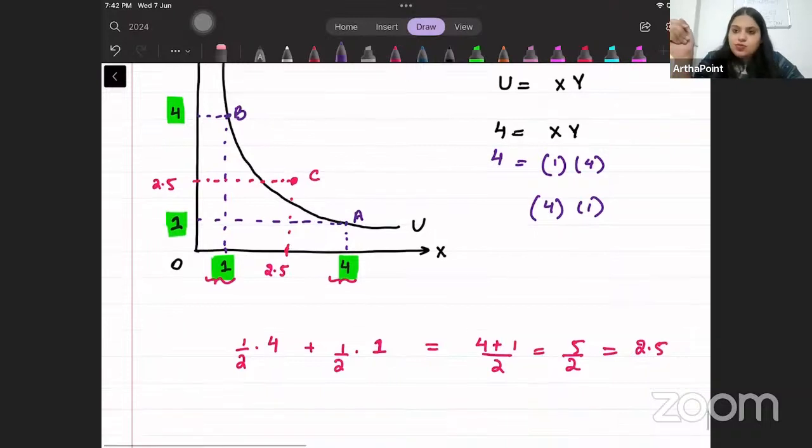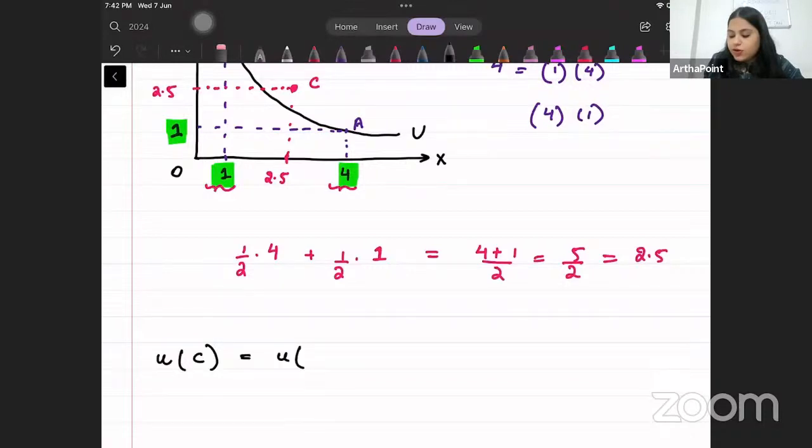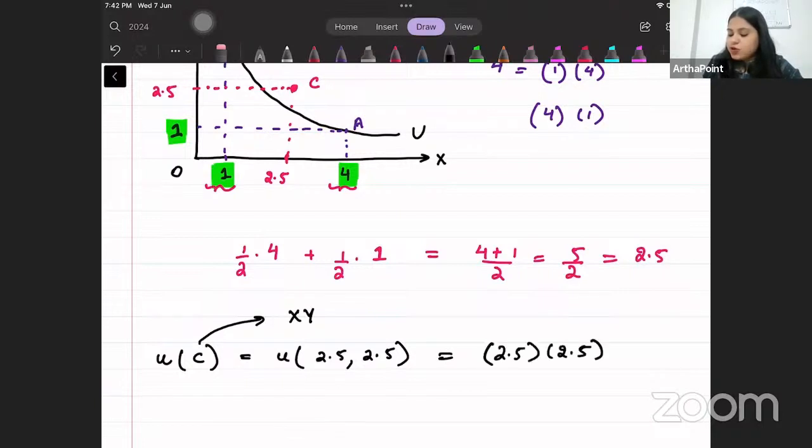If I ask you to calculate the utility of bundle C, what will happen? You will say this is the utility from 2.5, 2.5. Beta, my utility function is x into y, so this will be 2.5 into 2.5, which is 6.25.